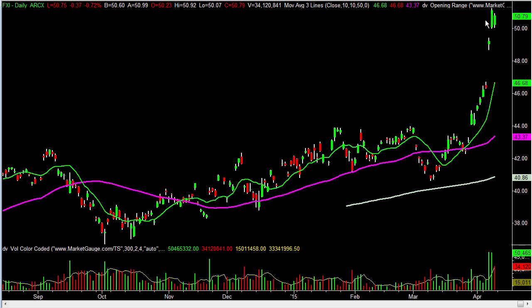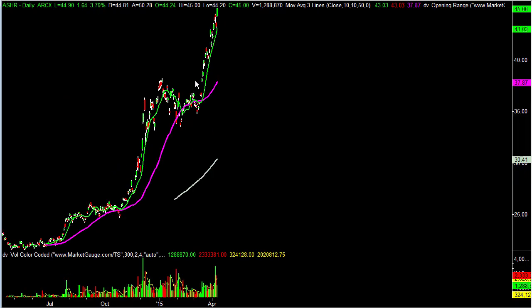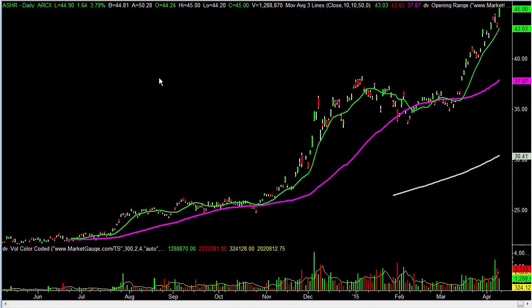But this is a particular pattern that I'll look for, either consolidation or pullback towards the 10 and patterns there. It's going to take a while in FXI, but ASHR, as I already pointed out, is a completely different looking pattern, and a pullback down to below the 10-day moving average could offer another great opportunity. This one even has the opportunity over the next several weeks or short months to come back to the 50.